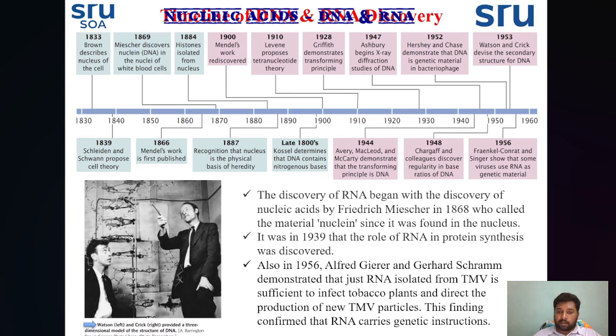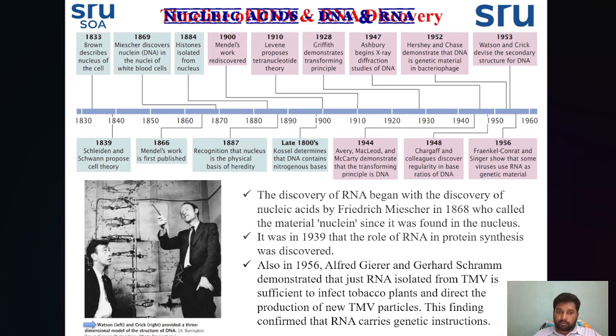Okay, and also if you look into the DNA timeline, the major scientists are Watson and Crick. Here is the image of Watson and Crick in this slide, and also the RNA. Frederick Miescher in 1868, who called the material nuclein, at that time started working on RNA.